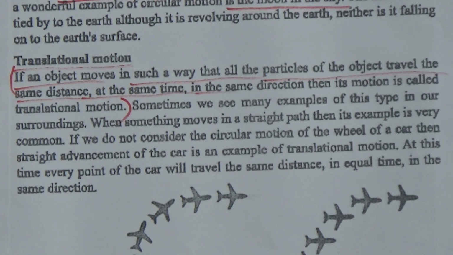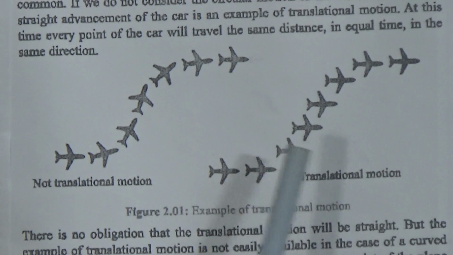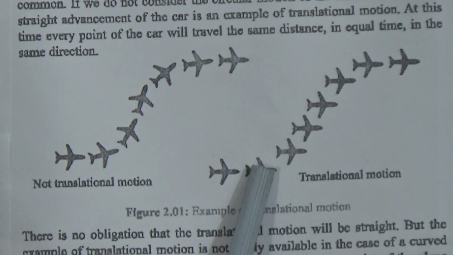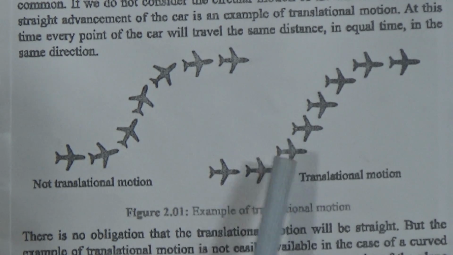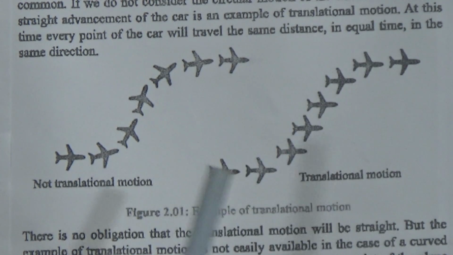My dear students, look at this picture. This is not translational motion because their distance, their time and the direction are not the same, and this one is an example of translational motion because their distance and time are equal, and the direction is also the same. Okay, this one is translational motion.